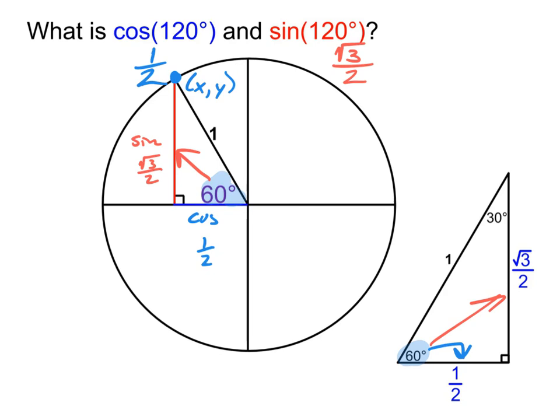That means in order to get there, I had to actually go left, which means if my origin is here at 0, 0, right here in the middle of my circle, that means that my x-coordinate must actually be negative, which means that the cosine of 120 is actually a negative 1/2.